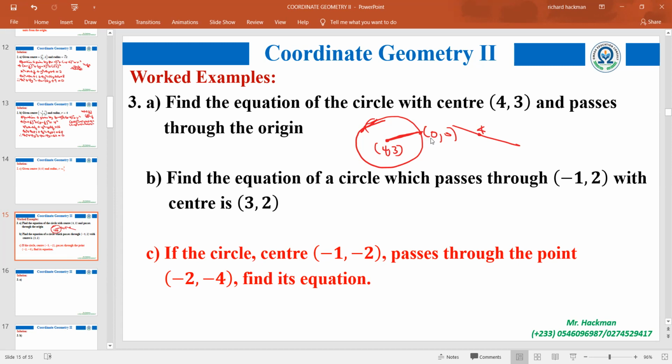Yes, please. So at this point we can go and look at it. You can see that, unlike the first 2 sets of questions, where the first one was very direct, center and radius, and the second one wasn't very direct but you were given the center and the radius indirectly, here you were given 2 points, one being the center and the other being the origin.